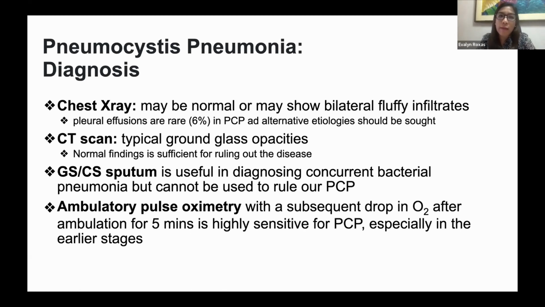The respiratory condition of the patient can also help you in diagnosing Pneumocystis pneumonia. Ambulatory pulse oximetry with a subsequent drop in O2 is highly sensitive for PCP diagnosis, especially during the earlier stages of the disease.